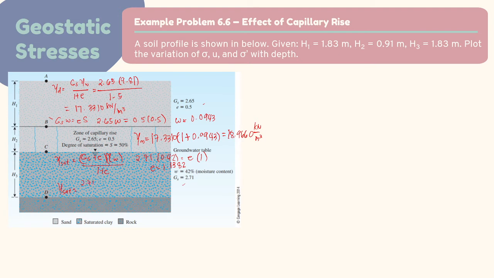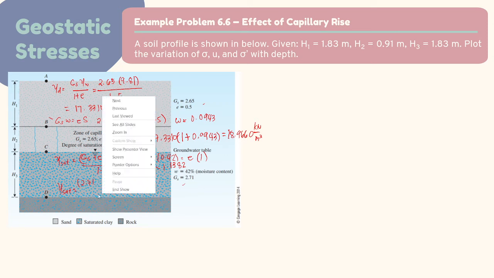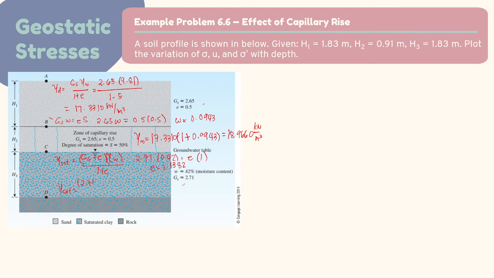So 2.71 plus 1.1382 times 9.81, all over 1 plus e, which is equal to 2.1382.